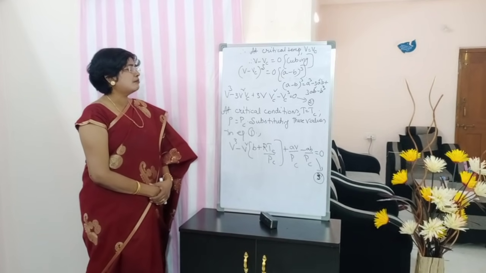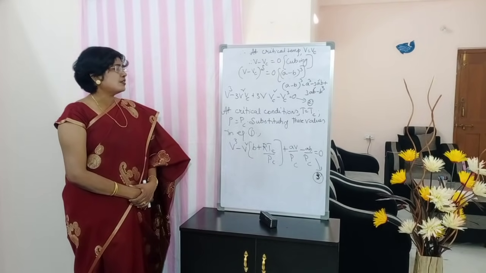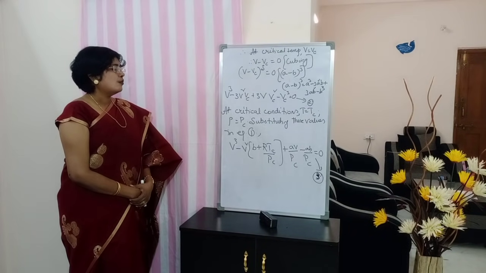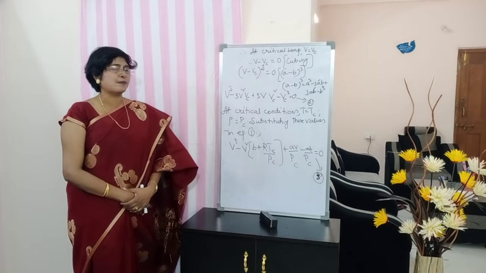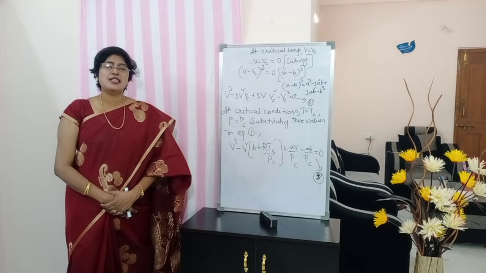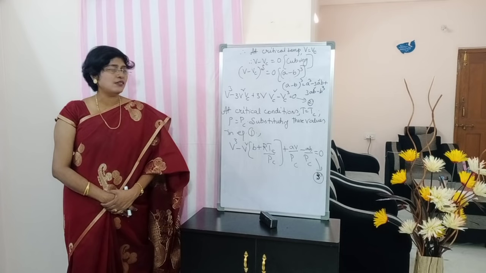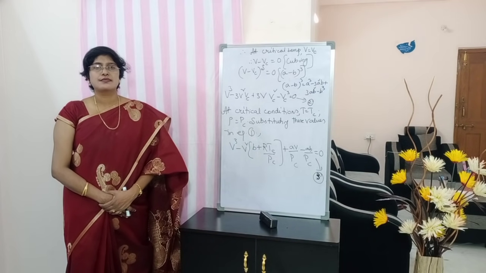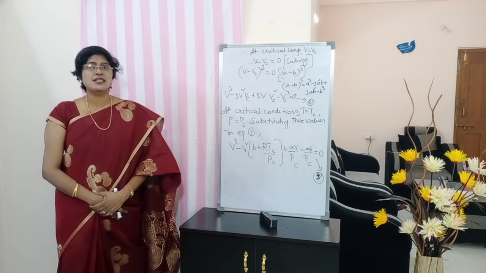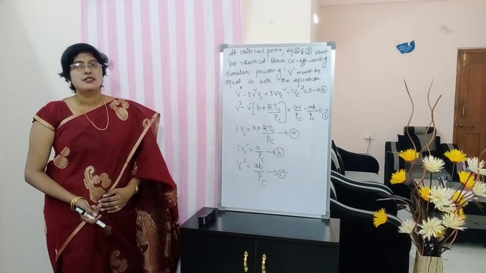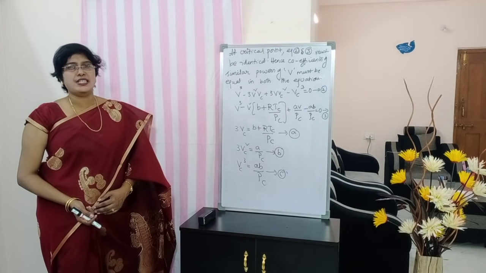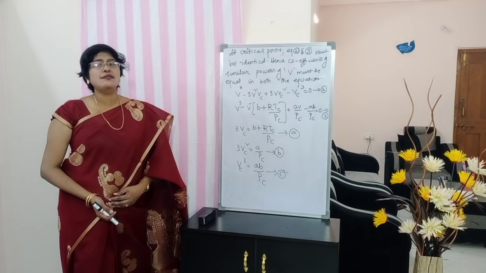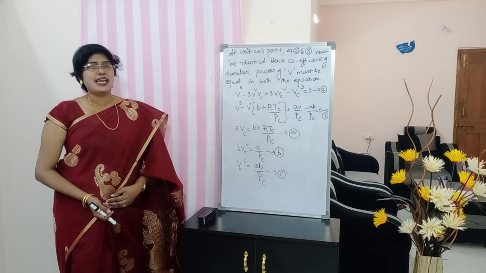Now, if we try to compare equations number 2 and 3, what do we get? The next step, write down from equations 2 and 3. Sorry students, it is from equations 2 and 3, not 1 and 2. In equation 1, we have substituted Tc and Pc, right?